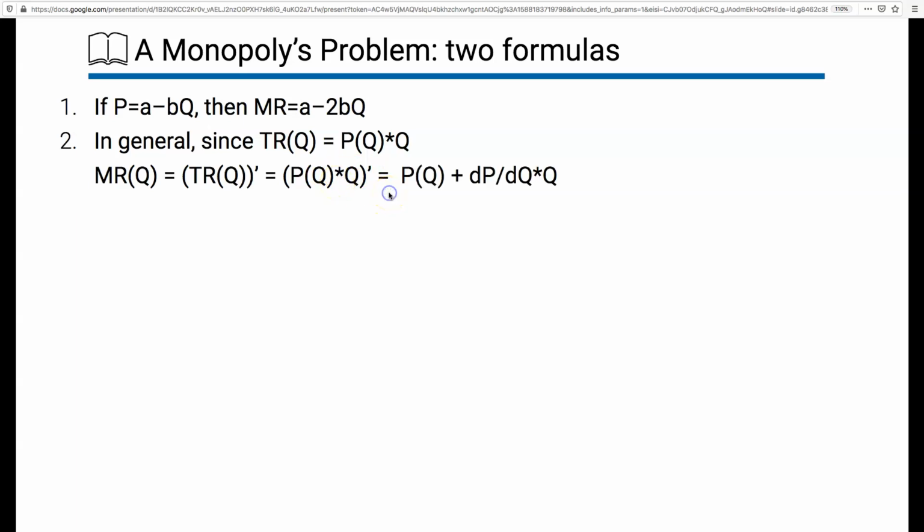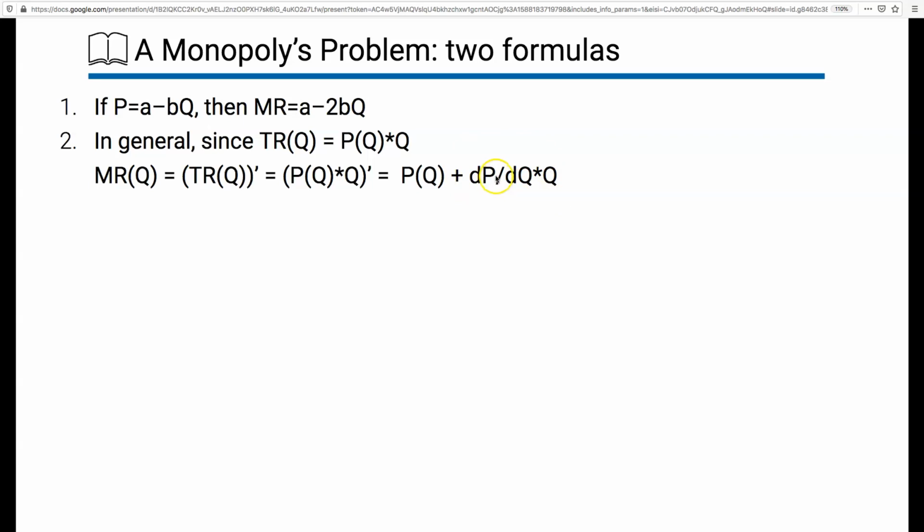And so if we write it out explicitly, the derivative of quantity with respect to quantity is 1. So the first term is just going to be the inverse demand. And the second term is going to be the derivative of price with respect to quantity times quantity. And if you look at the second term, and again, I'm referring you to the times back in the past when we talked about elasticity, this second term is just one term away from an elasticity formula.